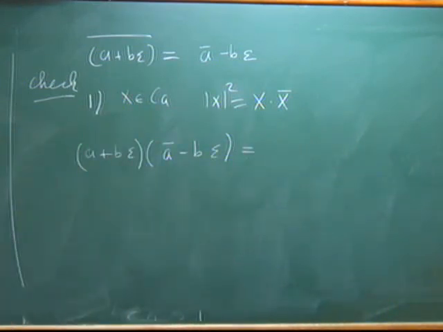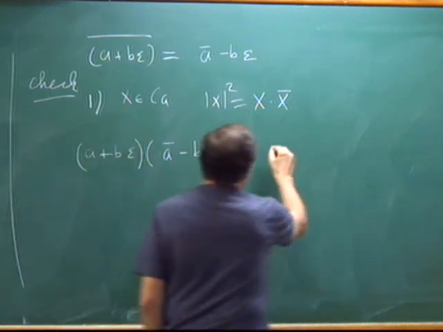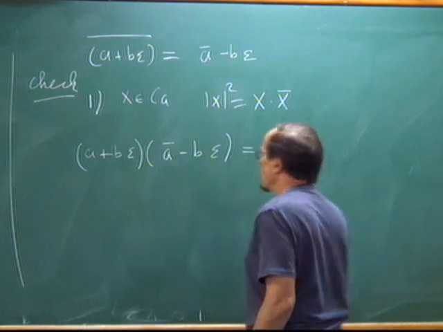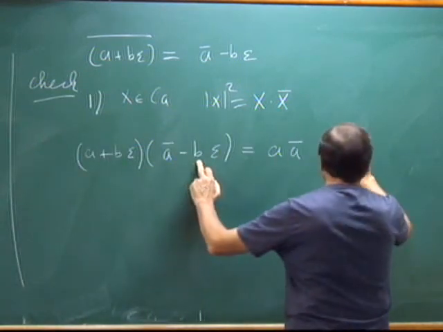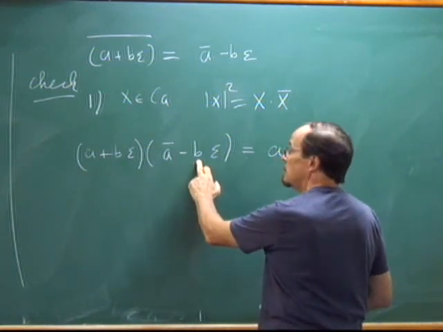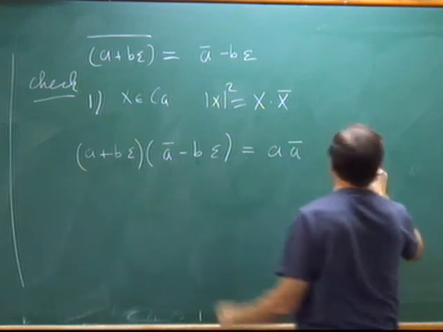So a times a bar. What's the next thing? Minus d bar b. That is b bar times this.